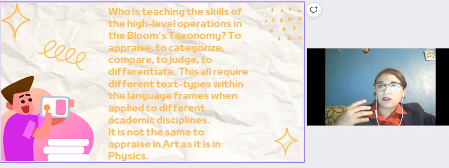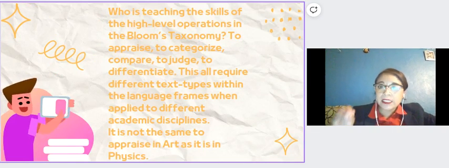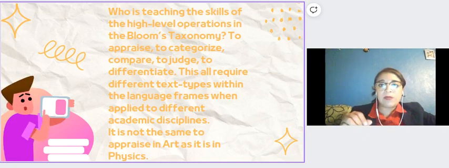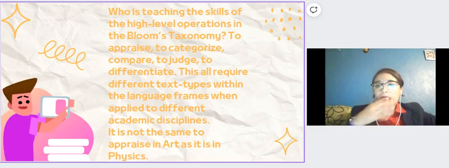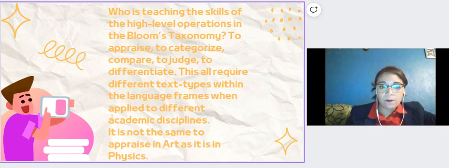To appraise, to categorize, to compare, to judge, to differentiate. These all require different text types within the language frames when applied to different academic disciplines. It is not the same to appraise in art as it is in physics, as it is in English. It's not the same.